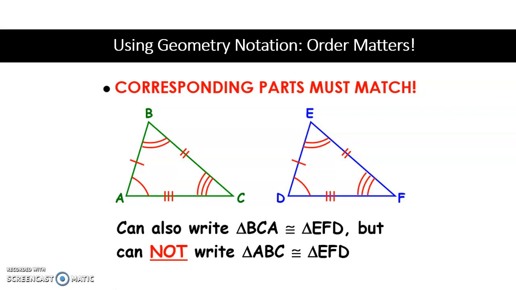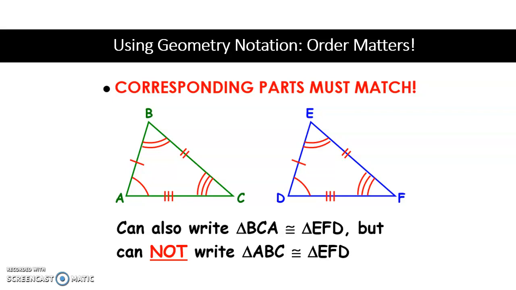When using geometry notation, order matters. Corresponding parts must match. When we say corresponding parts must match, we have to think about what we learned in previous years about corresponding angles or corresponding sides.